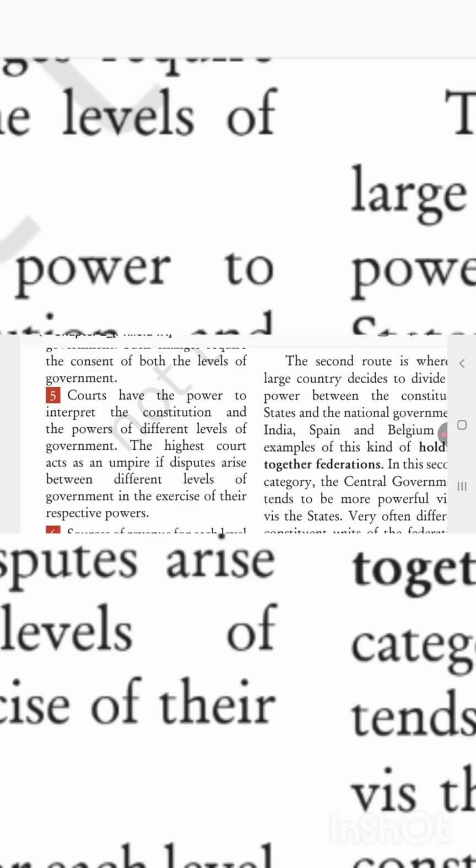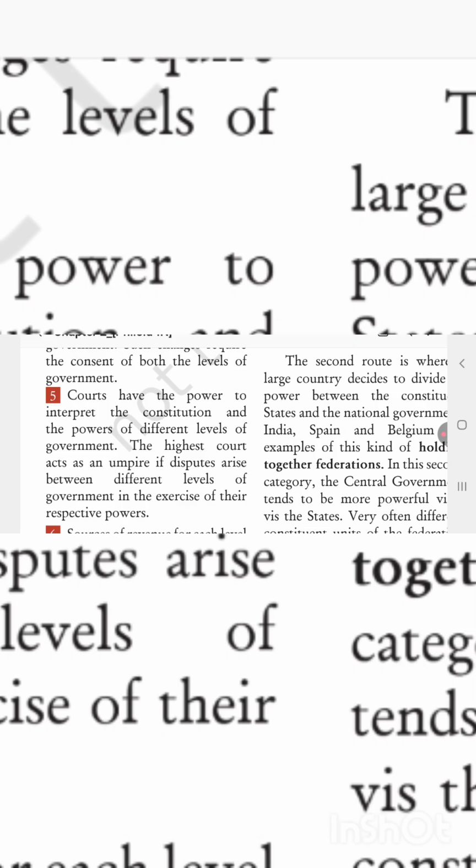Also, the highest court acts as an umpire if disputes arise between different levels of government in the exercise of their respective powers. Like the central government and state government, if they are having a conflict on any matter, then this matter can be taken to the Supreme Court. Here the highest court means the Supreme Court. You know, our judicial system has a hierarchy.